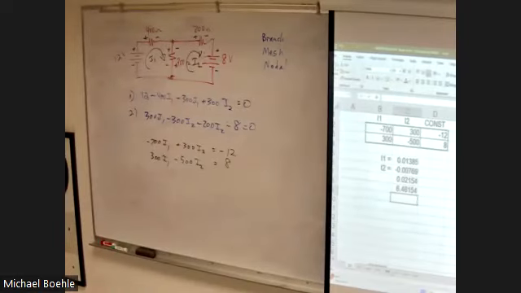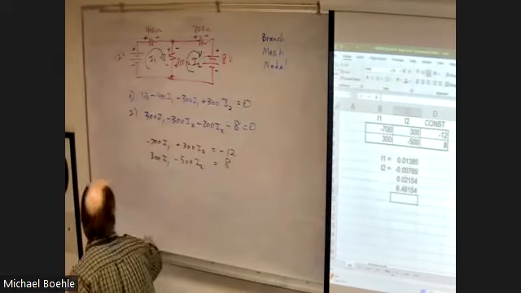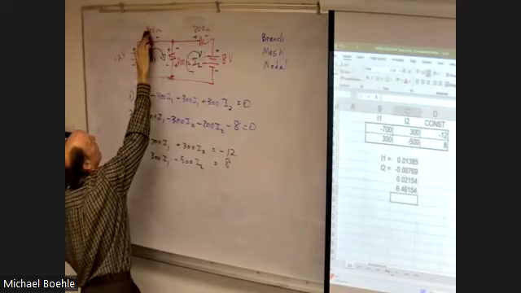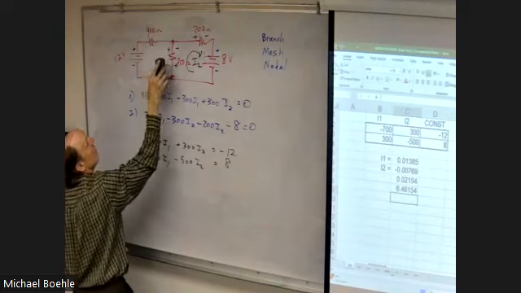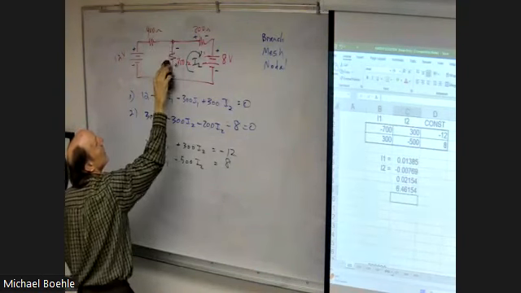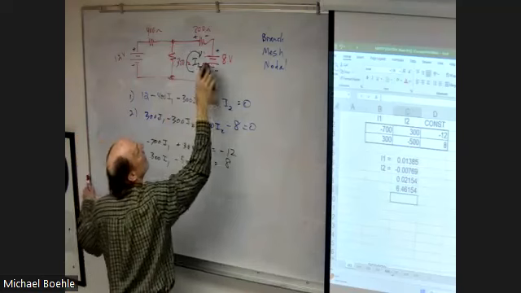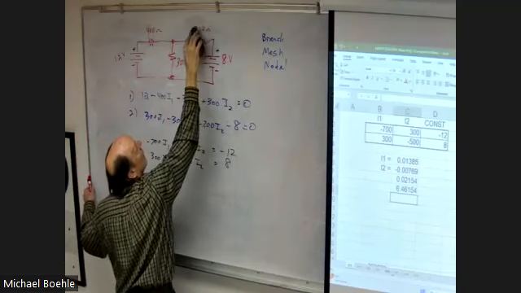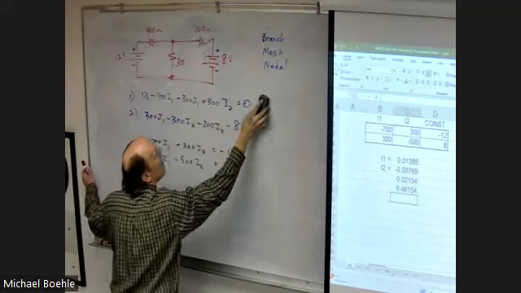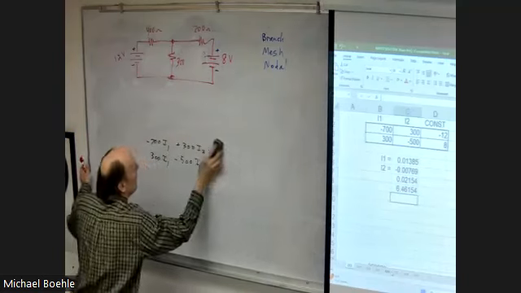So my 3rd method is nodal. So what I'm going to do, get rid of these again. Okay. All right.